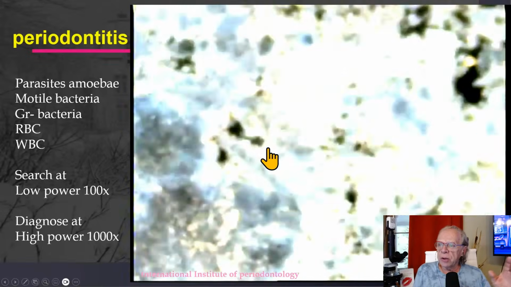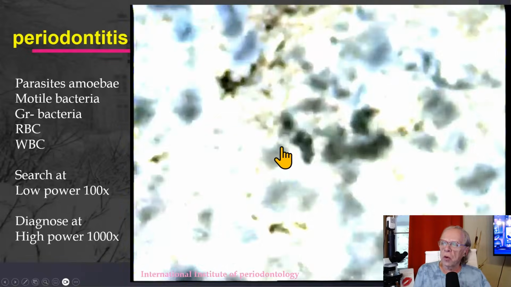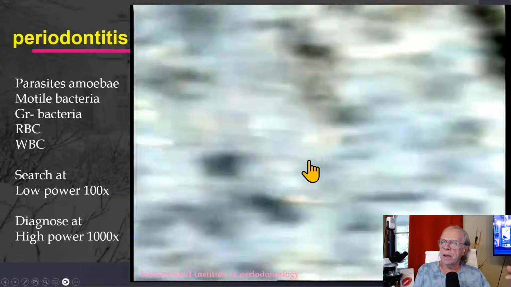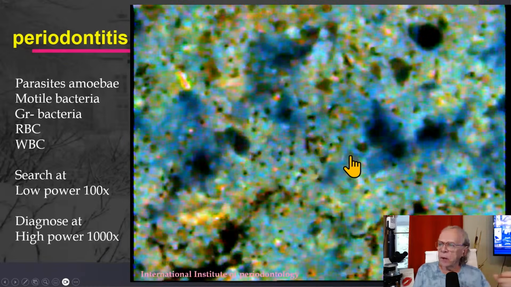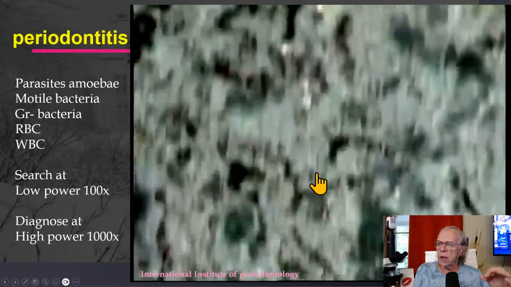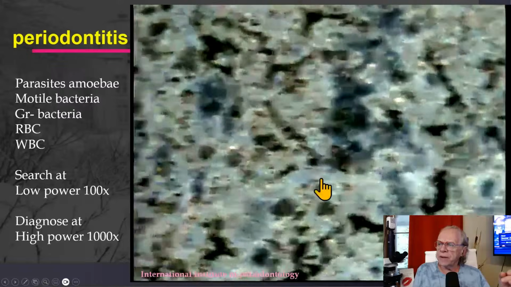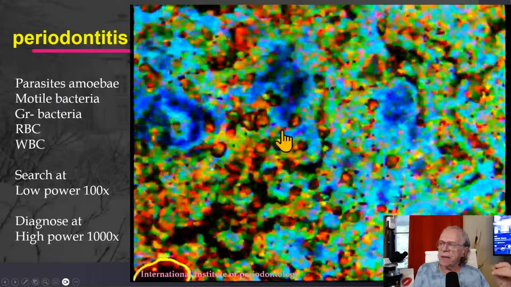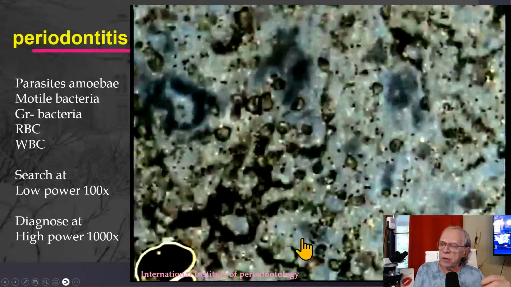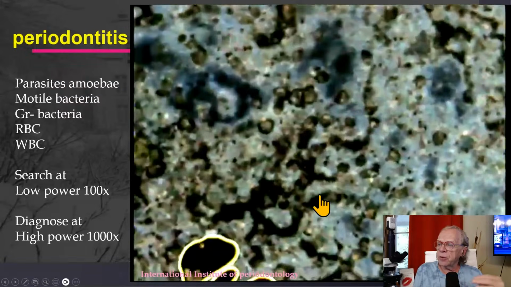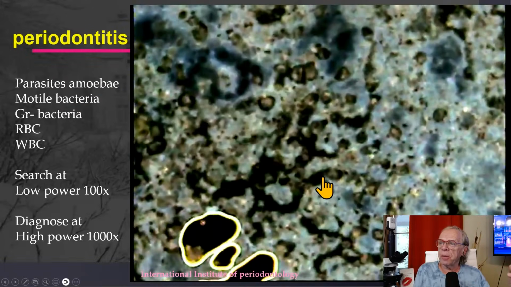Okay, so here I'm looking, searching at low power, searching again. And there I find, okay, I'll make the focus, low power, looking for parasites. Here I find the nest, okay? So you see here, we have many parasites with the little roads because they're making channels inside the dental plaque.